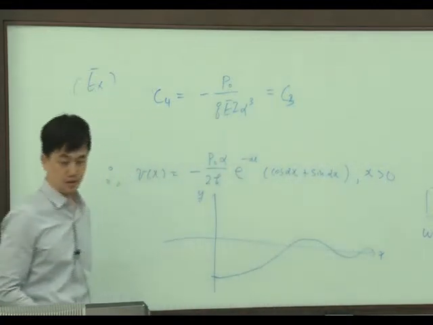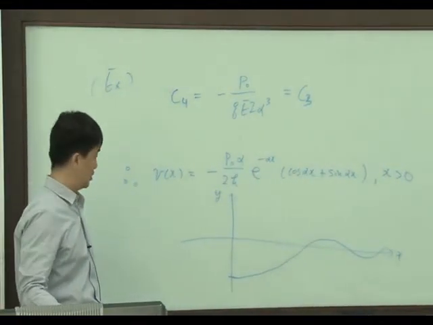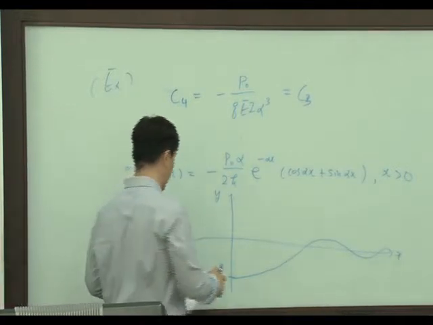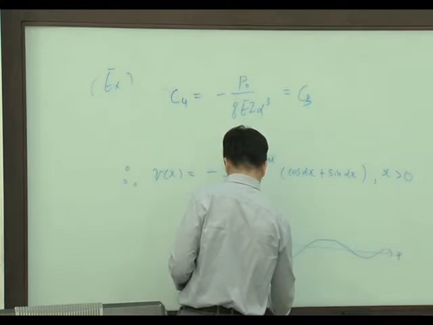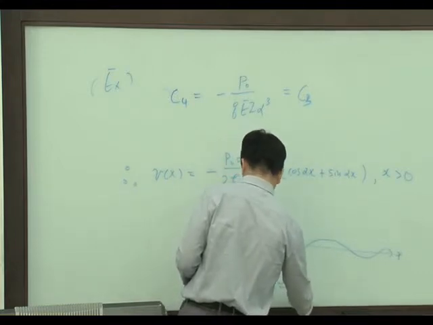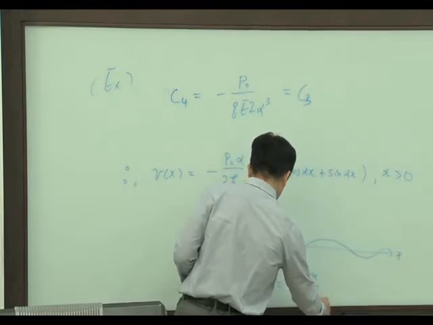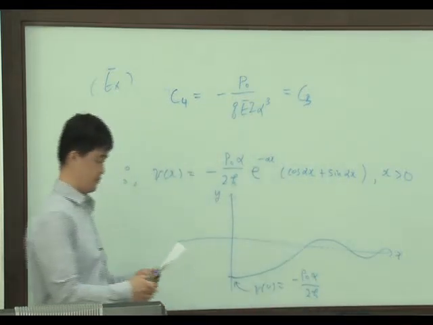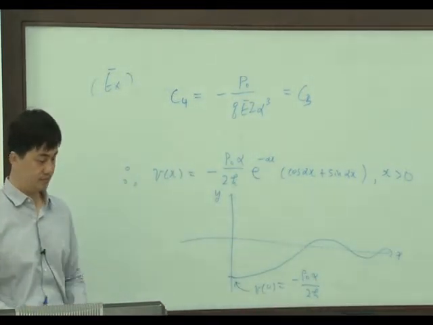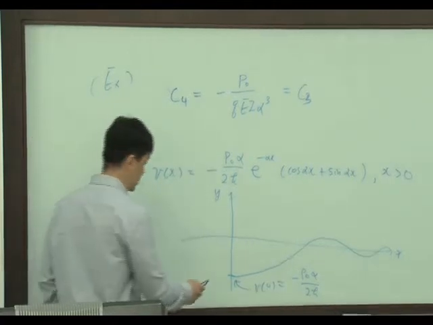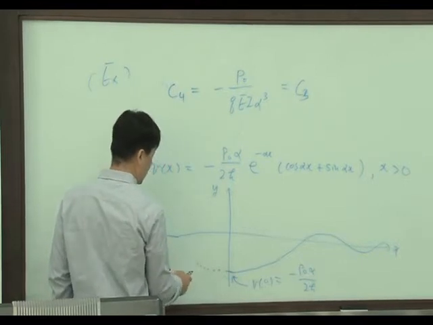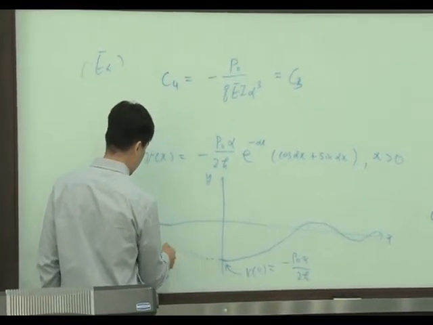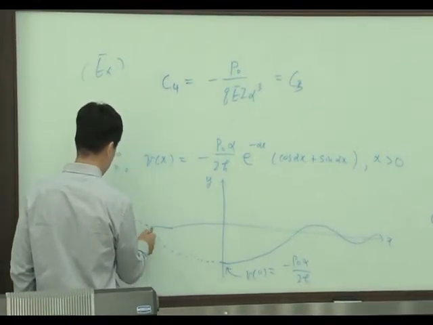This is the solution. And at this point, B0 equals minus P0 alpha over 2K. This is symmetric, so the other solution for negative x is similar. Something like that.